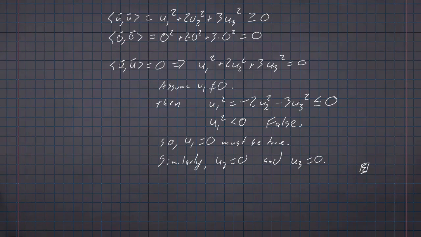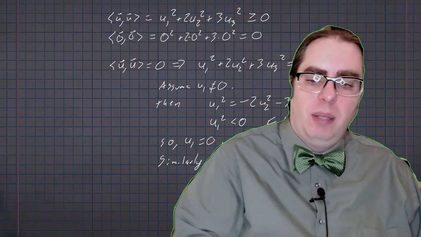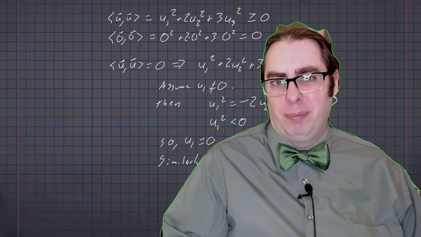All right. So the big takeaway here is that a vector space can have any number of different inner products, which is why it's important that we have that distinction between a vector space and an inner product space.